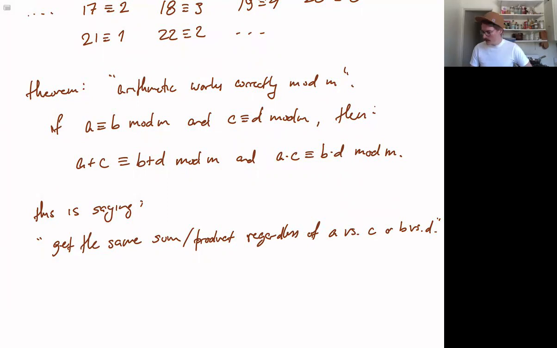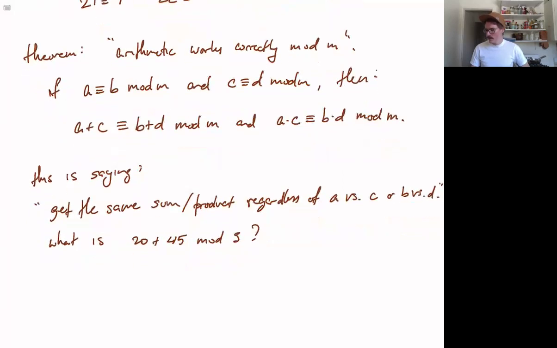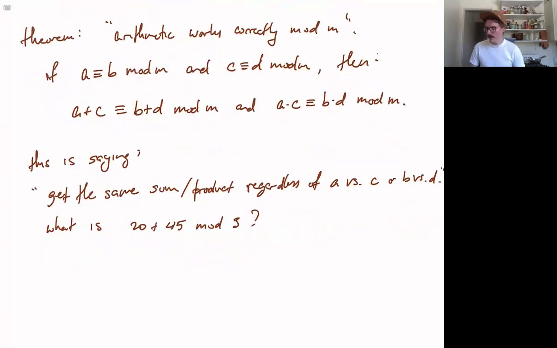Let's say, what is 20 plus 45 mod 3? Well, let's do an example in the style of the theorem. So let's say A equals 25, and let's take B to be something that is different from 25, but congruent mod 3.